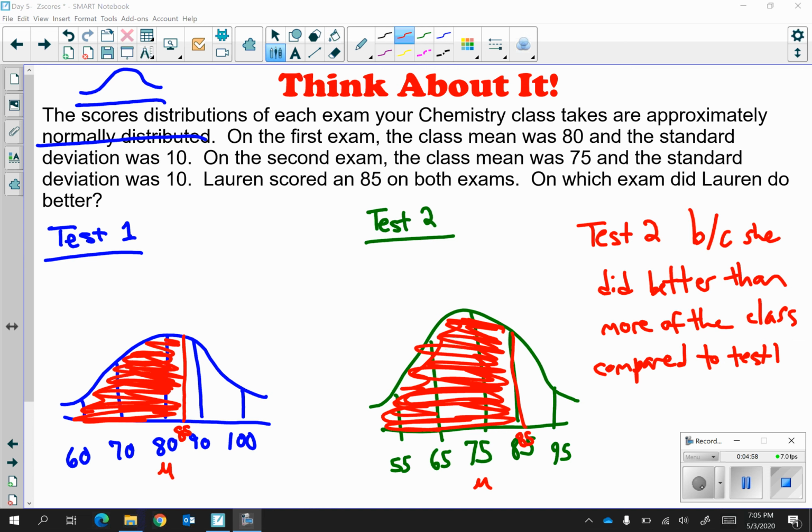Now, if you got 100, but all of your friends got a 70, aren't you going to feel a lot better about that 100 because everyone else really struggled just to even get a 70? So when we're talking about who did better, we're comparing it to the actual average, how well everyone else did.